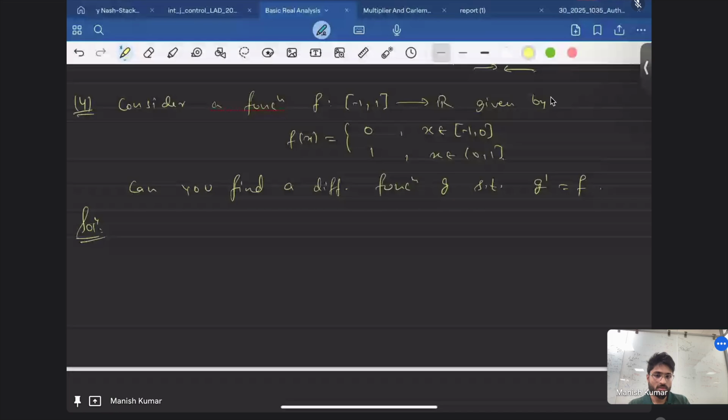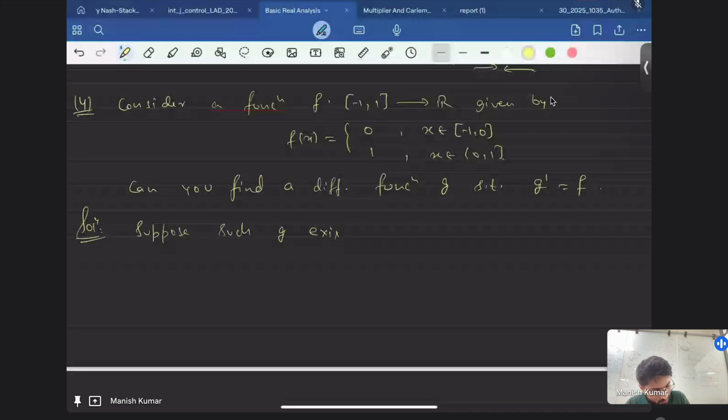It's just a one-liner, right? You are saying that g prime will assume the IVP. Suppose such a g exists. Then g prime at half is 1, and g prime at minus half is 0.